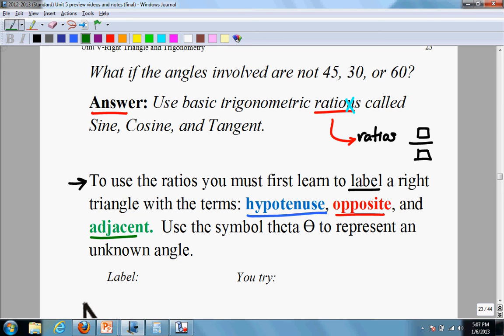As we're doing today's lesson, we're going to use this Greek symbol. That symbol is called theta to represent an unknown angle. For example, in algebra, we use x to represent an unknown number. And when we deal with trigonometry, we use theta to deal with an unknown angle.